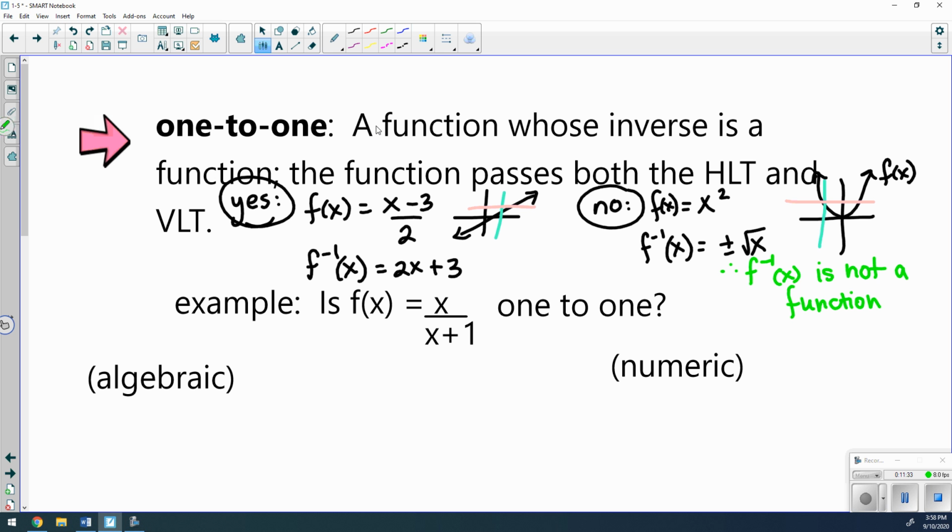It's also implying something else important that we're going to write down here: f of x is not one-to-one. Over here, yes, f of x is one-to-one, again, because it passed both the vertical and the horizontal line tests.